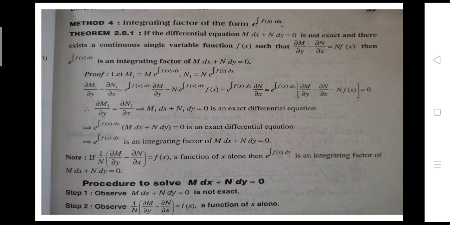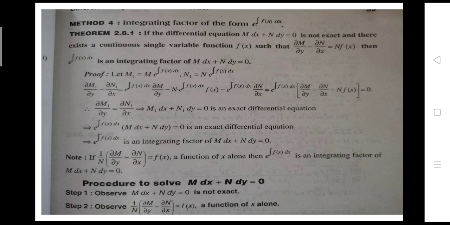If the differential equation M dx plus N dy is equal to 0 is not exact, and there exists a continuous single variable function f of x such that dou M by dou y minus dou N by dou x is equal to N into f of x, then e power integral f of x dx is an integrating factor of M dx plus N dy is equal to 0.